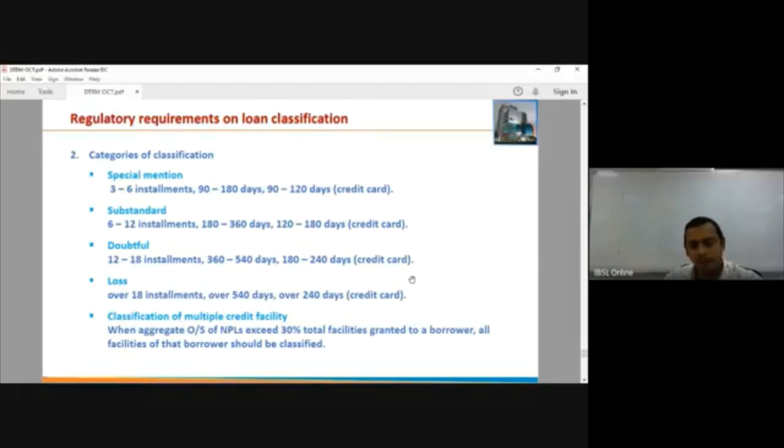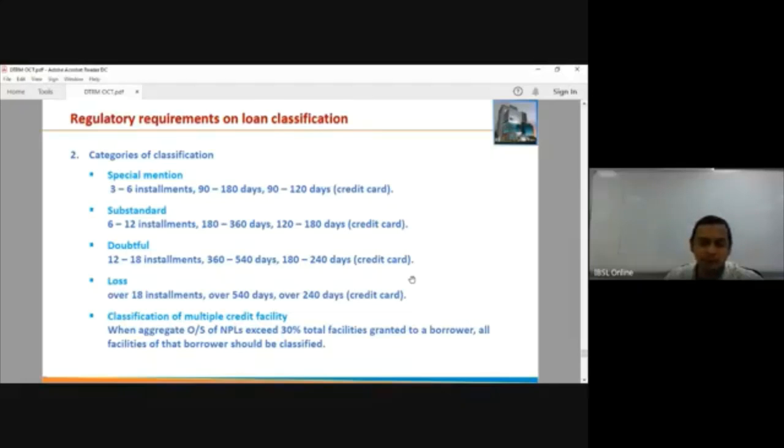In this case, the regulation says to check whether the defaulted facility is more than 30% of the total outstanding.